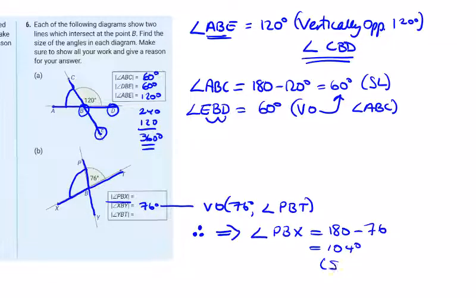Why? Straight line. So that's PBX 104. And YBT, this angle in here, opposite PBX, YBT is equal to 104 as well, because it's vertically opposite the angle PBX.